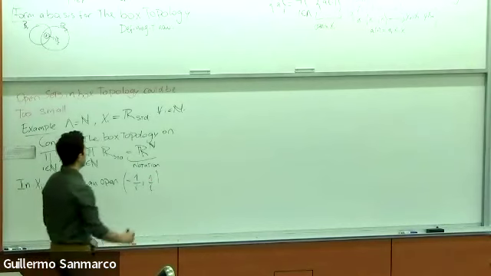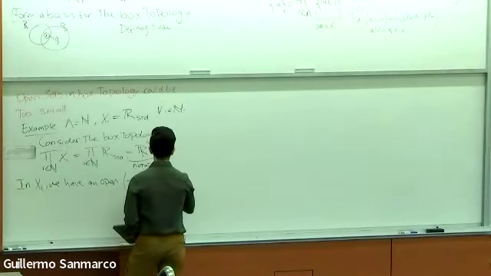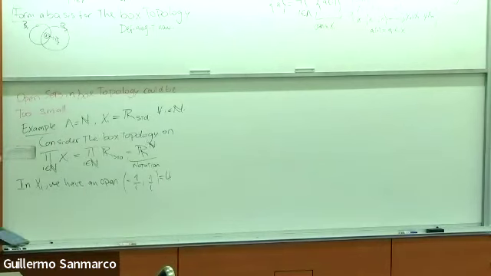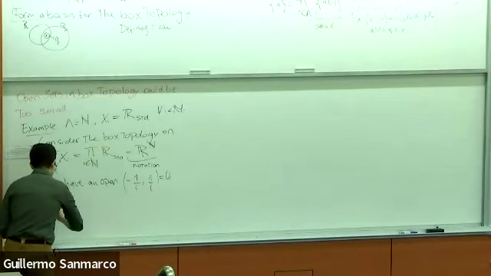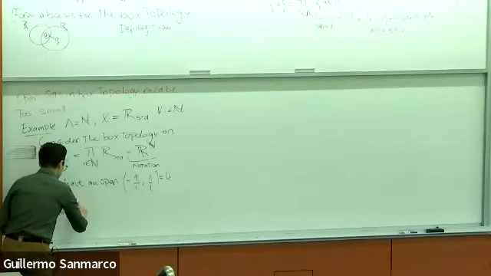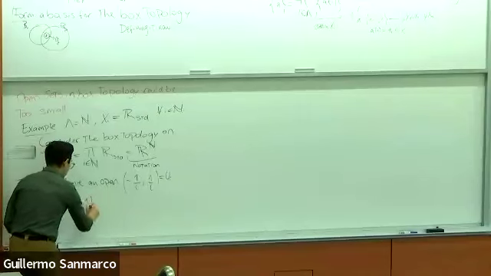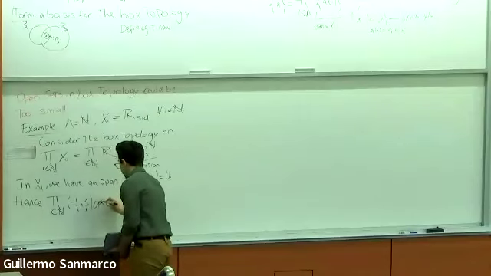So let's maybe denote this by u_i. Do you see where I'm going? These u_i's, we have infinitely many of those. Now, this means this guy here, the arbitrary product over i in n of these guys, is open in the box topology.